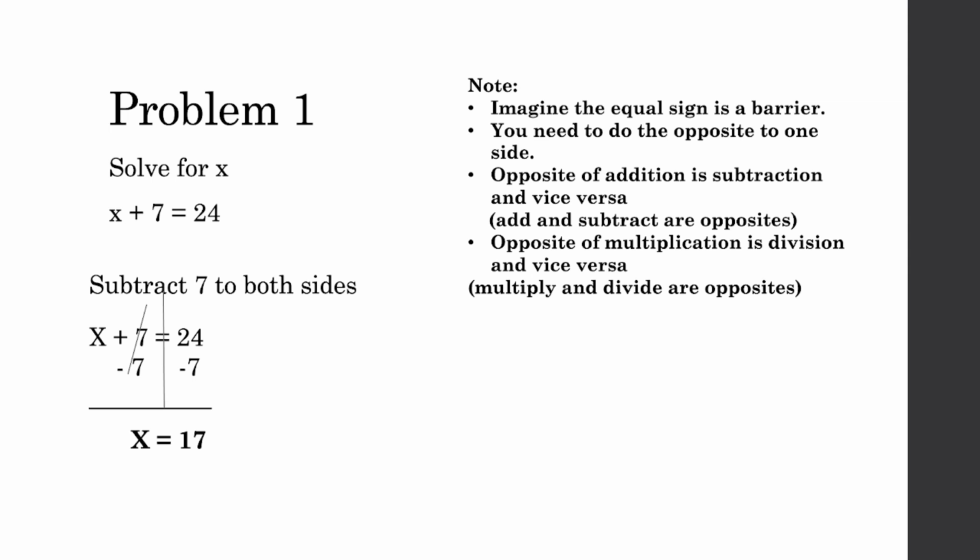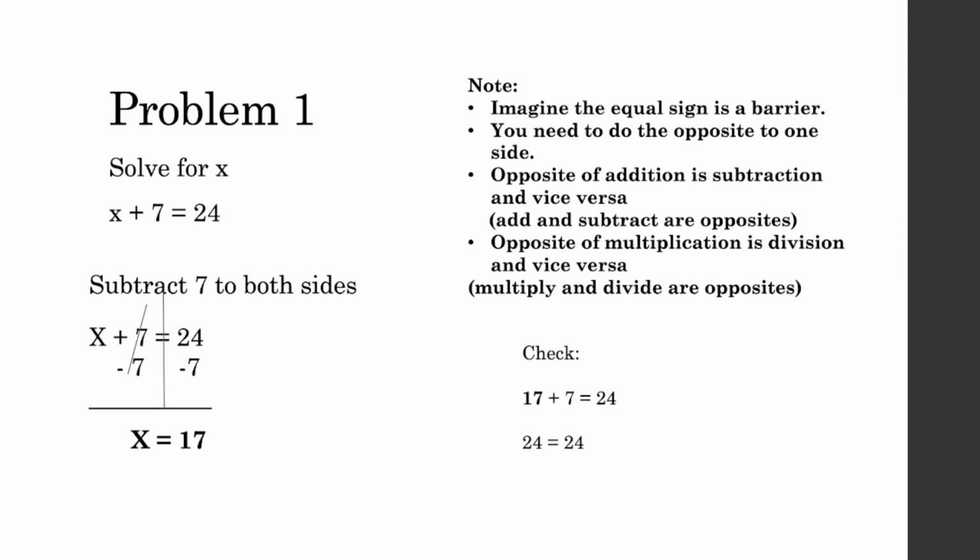The opposite of multiplication is division and vice versa, meaning that the opposite of division is multiplication. Keep in mind that adding and subtracting go together as a pair, and multiplying and dividing are another pair. Keep that in mind because you don't want to confuse those two.